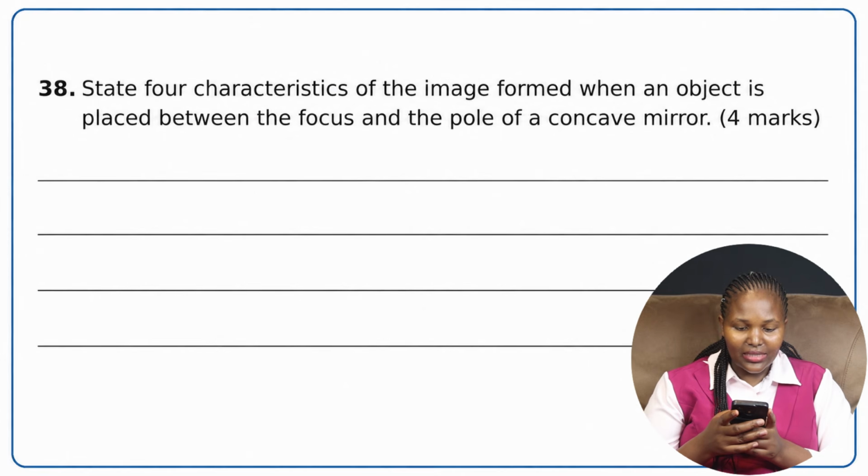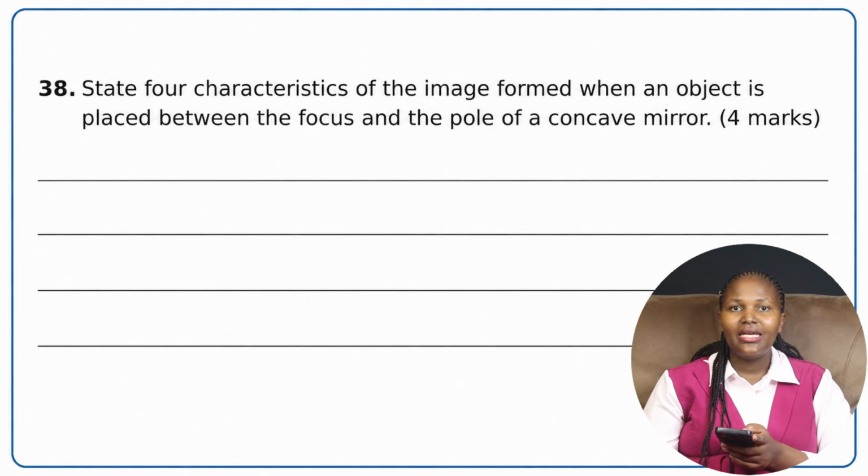State 4 characteristics of the image formed when an object is placed between the focus and the pole of a concave mirror. This question again is about concave mirror. So you need to learn about curved mirrors because it is a very common question. And here we need to say the 4 characteristics.